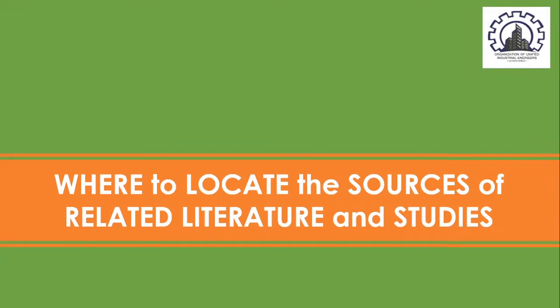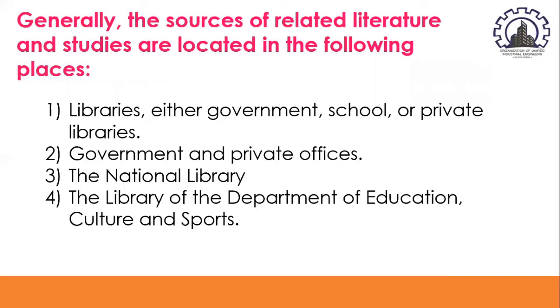And finally, the last key area of our discussion today would be where to locate the sources of related literature. Now, generally, the sources of related literature and studies are located in the following places. So we have libraries. Like I said earlier, you can make use of the libraries from your school, either government or private libraries. It can be public libraries, private, or in your school.